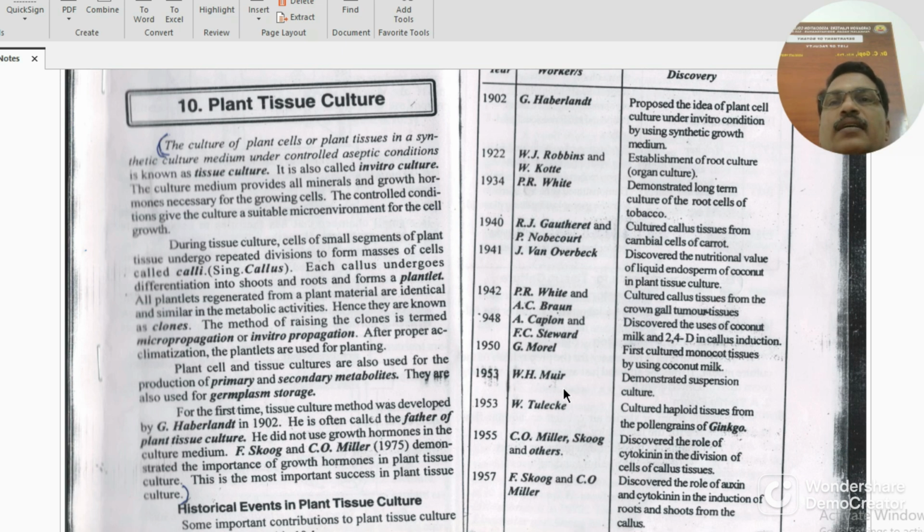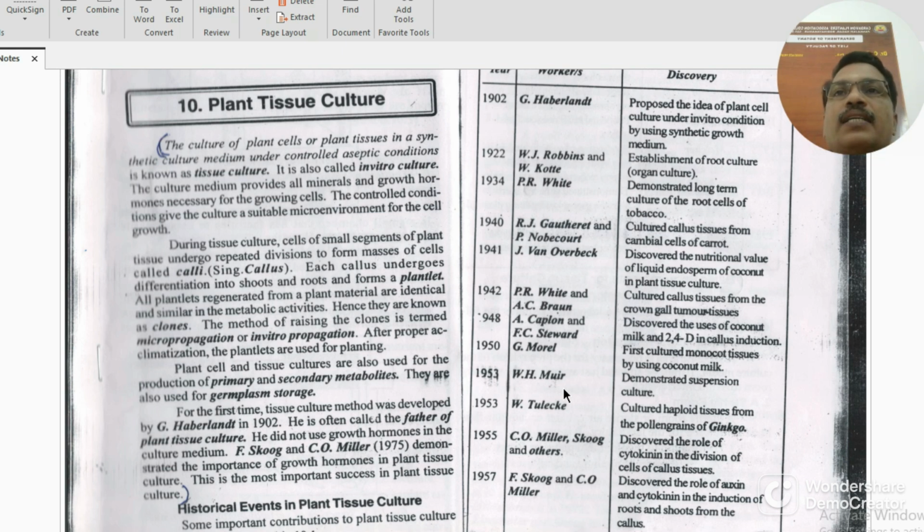So callus is a mass of parenchymatous tissue which is formed as an initial tissue from the plant. Each callus undergoes differentiation. Differentiation means it will differentiate into shoot, root, or form a plantlet. Undifferentiated means simply remaining as cells, whereas differentiation means the tissue differentiates into shoot or root to form a plantlet.